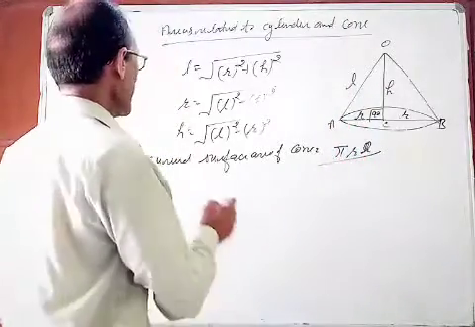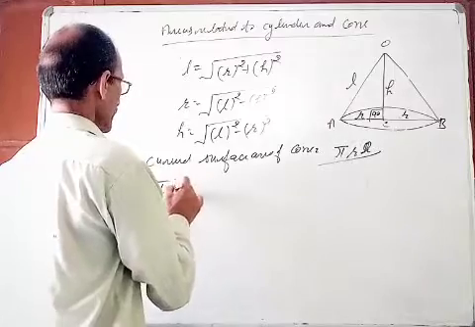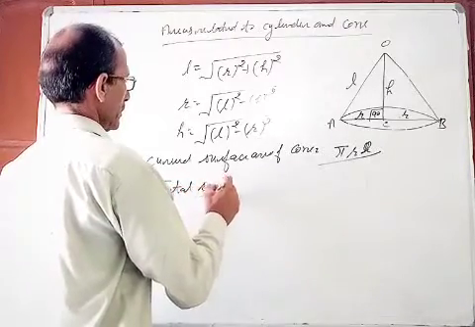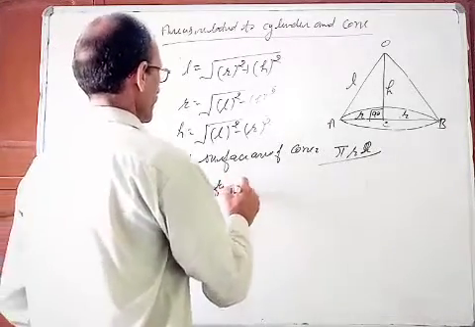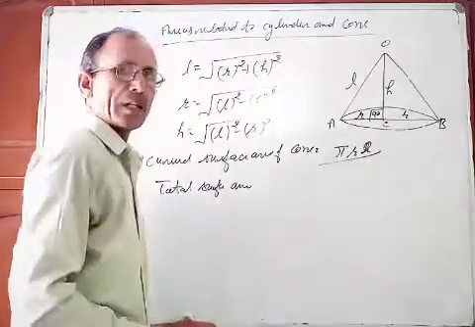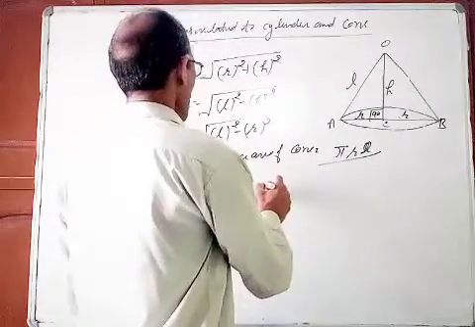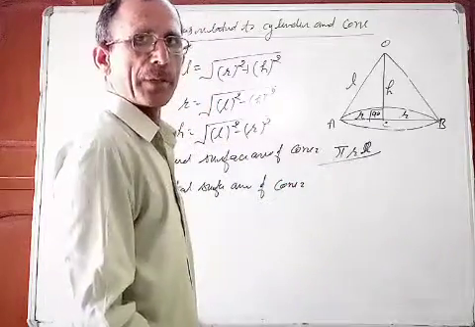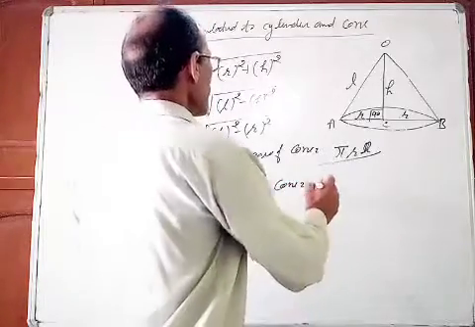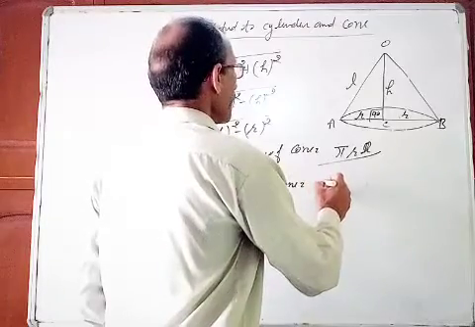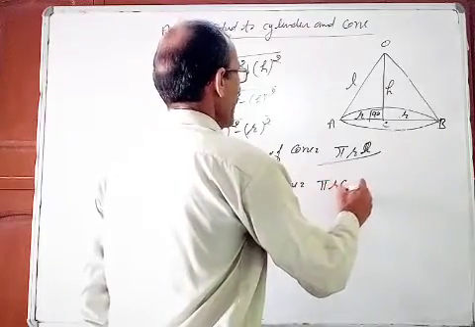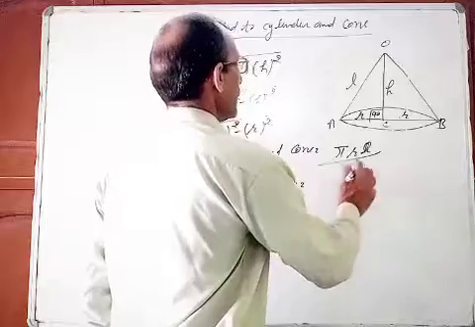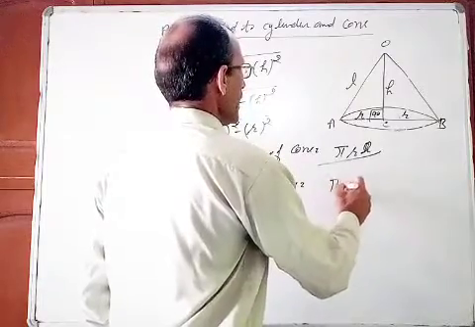Now total surface area of a cone. So it will be pi R into L plus R. You can understand easily.